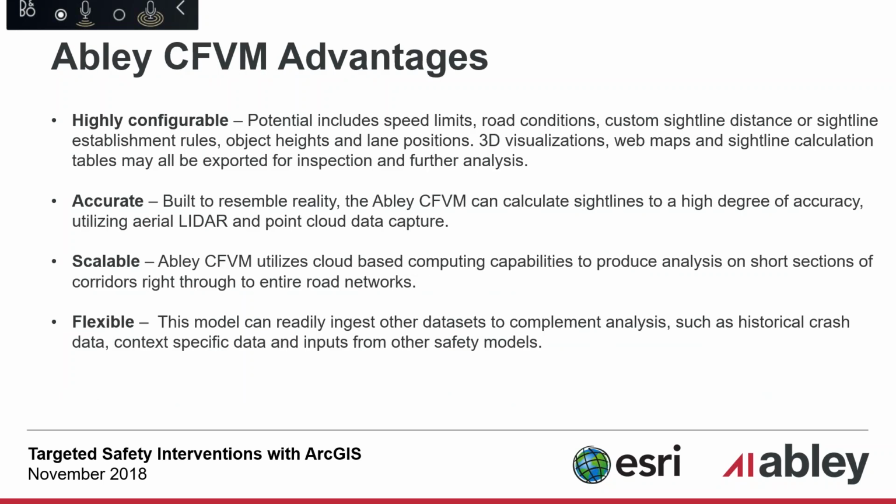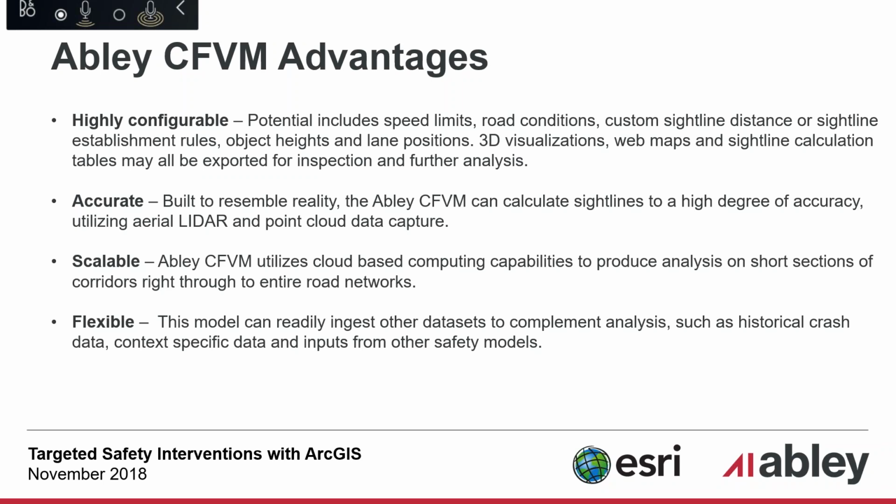As I said before, this is a highly configurable product that we've developed, so we can change the forward sightline visibility requirements, speed of the road, so on and so forth, where the view position is within a vehicle, the height. Are we looking for identifying hazards actually on the road surface or at a point above the road? It's very accurate.